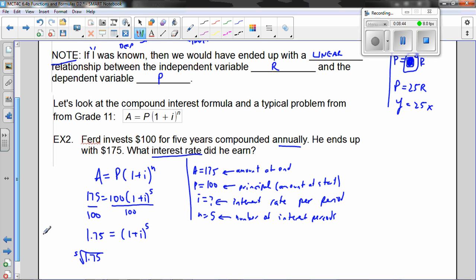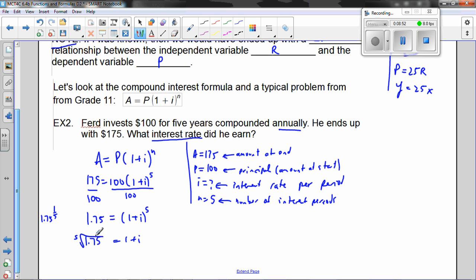Like if you prefer to write that as 1.75 to the exponent 1/5, you sure could do that. And then finally, and I could get a number there if I like. I could actually jam that into a calculator. I'm going to do all this in one step because I know then the last little step is to subtract 1 from both sides, and I get I equals the 5th root of 1.75 subtract 1 is about 0.118, some decimal.